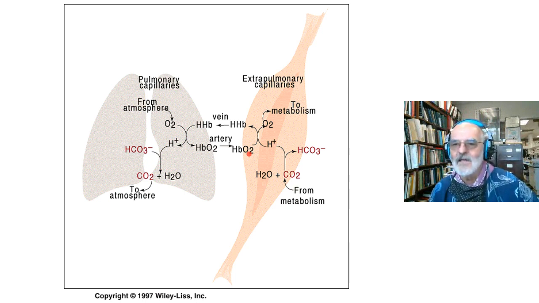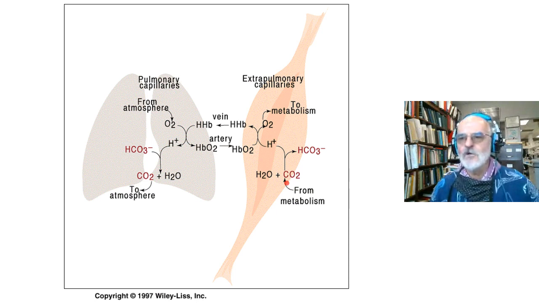The oxygen is transported into the tissues by passive diffusion and is used, therefore, in oxidative phosphorylation for metabolism. The hemoglobin then picks up a proton. The proton comes from the fact that the CO2 from the back end of metabolism reacts to make carbonic acid. It makes bicarb, releases a proton. The proton gets transported by the hemoglobin back to the tissues, and we repeat the cycle all over again.